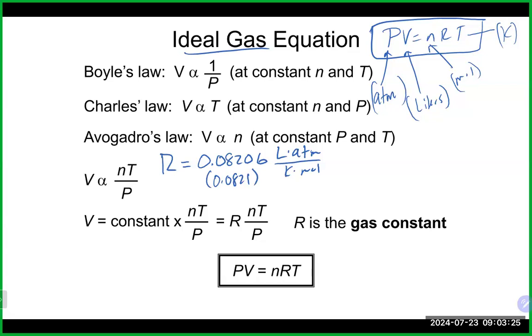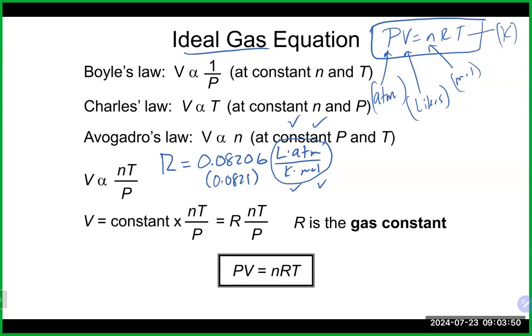I use 0.08206 because that's what was beat into my head and I can't get it out. The good news is, if you remember the gas constant and its units, it tells you the units everybody else needs to be in for the ideal gas law, so everything cancels out correctly.